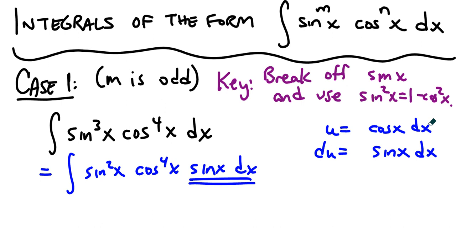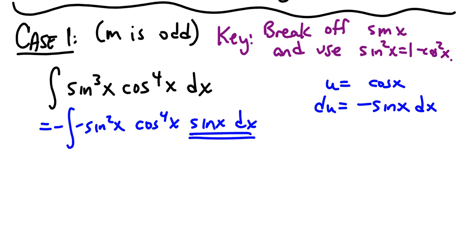so sorry. If u is cosine x, then du is pretty much this. Du is the negative of the sine of x dx. So now we're hopeful. That's a minus. That's a minus. Now we're hopeful.